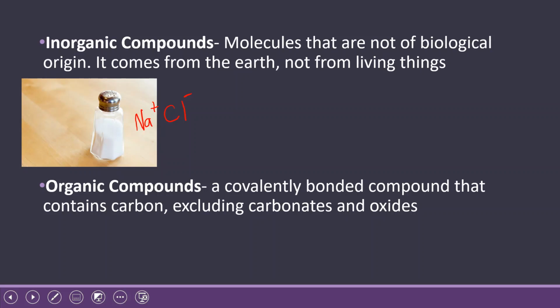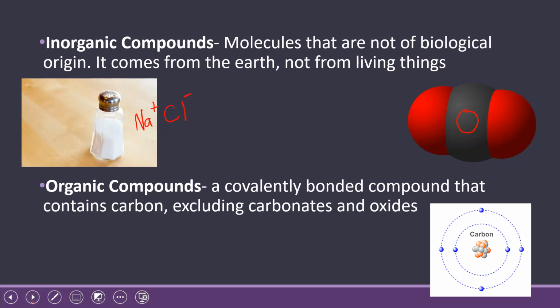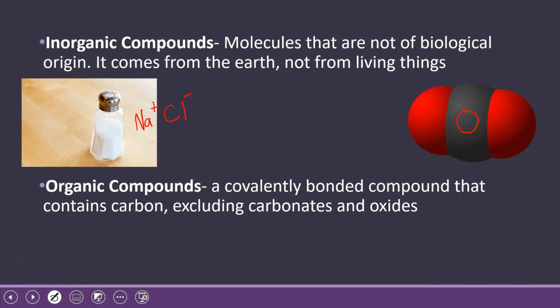Another type of inorganic molecule we've looked at are our small covalent compounds, such as our universal solvent, water. In water, we have one oxygen in the middle and two hydrogens on the side. In covalent compounds, instead of having charges, they just share electrons.